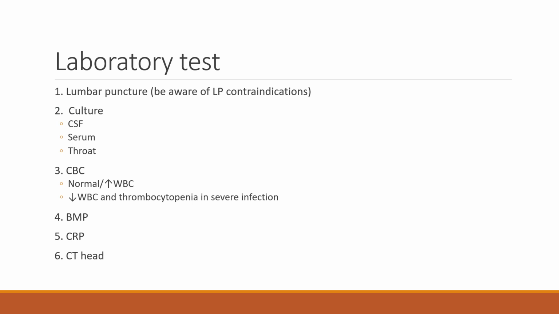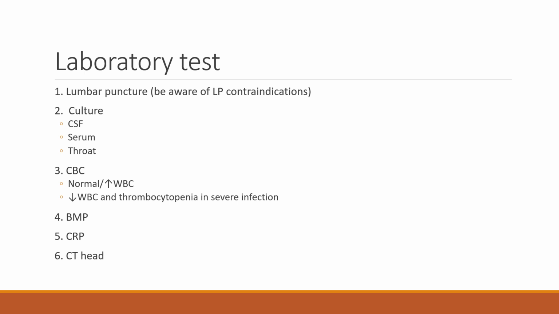And for the test, of course, you have to perform a lumbar puncture to help you with the definite diagnosis. But before you perform this, you always have to identify if there is any contraindication in the patient, such as infection of the skin at the point of the puncture, or any mass in the brain.